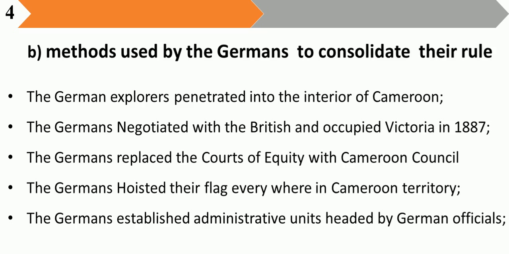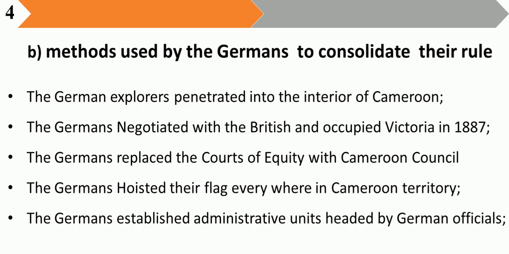The next thing the Germans did was to negotiate with the British and occupy Victoria in 1887. It is important for you to take note that when Cameroon was annexed by the Germans in 1884, Victoria was not involved because Victoria was considered a British property, a British territory, until negotiations at the Berlin West African Conference that the British now accepted the Germans to occupy Victoria, but not without a price.